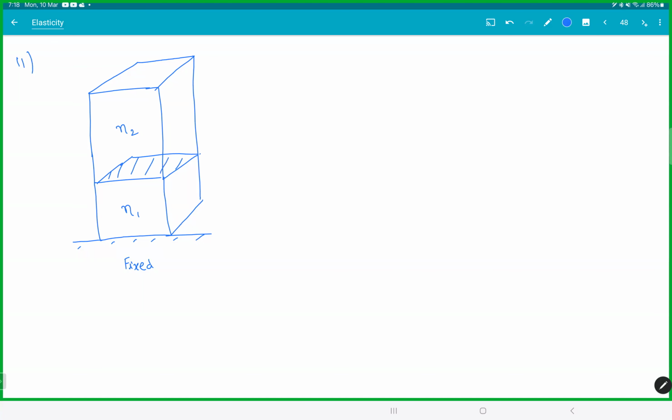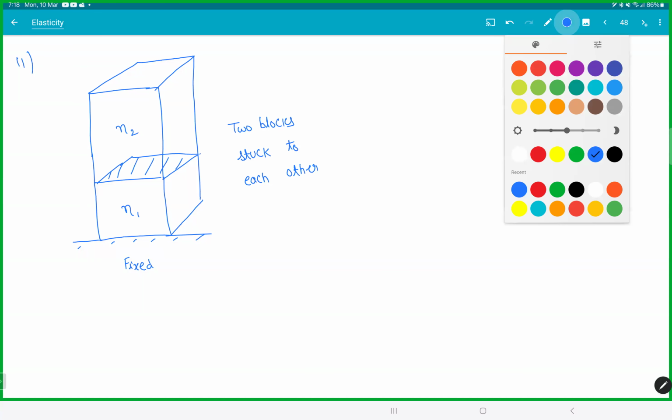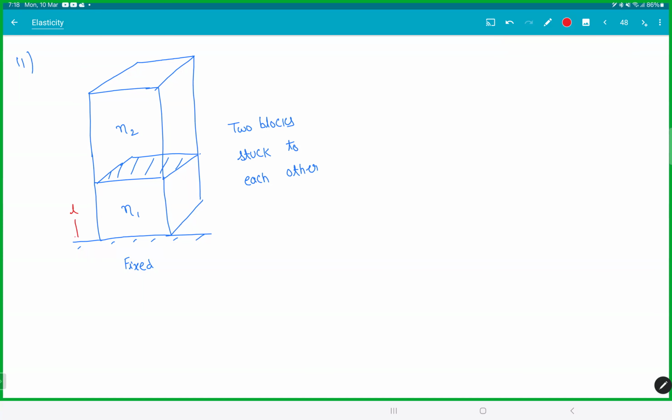So you kept one block and another, and you made them stick with some glue or something. This length is L. This length is L. Area is A. This was x is equal to 0. This was x is equal to A.